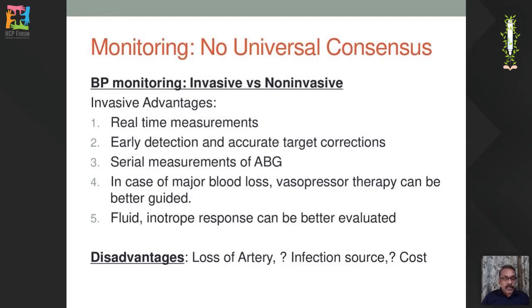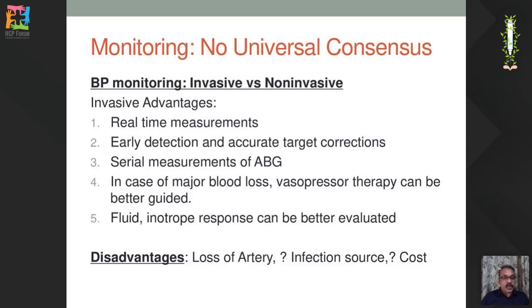There are several reasons. It is a major vascular surgery, and as we have already discussed, there is a good chance of very significant blood pressure fluctuation. Blood pressure is one of the most important things seen by the surgeons and everyone in anesthesia management: how it was maintained during the surgery.